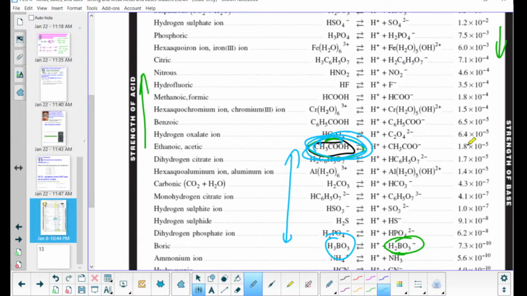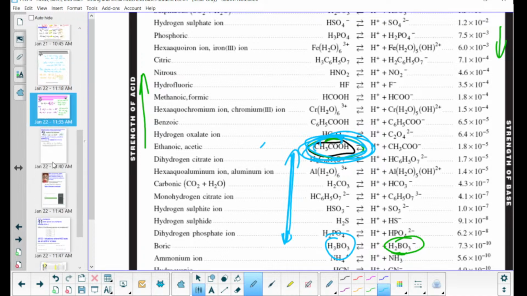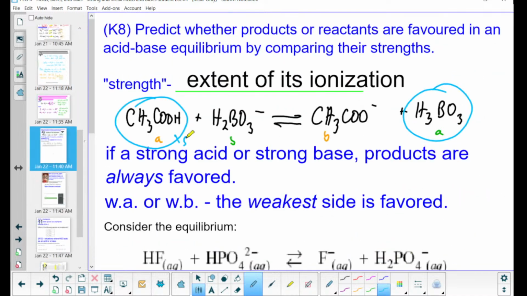Now, we could also use numbers. We could say this is 1.8 times 10 to the minus 5, and this is 7.3 times 10 to the minus 10. But we're not even doing numbers yet. We're just comparing relatively. This is the stronger acid. If this one's stronger, where is most of the stuff? On the products.